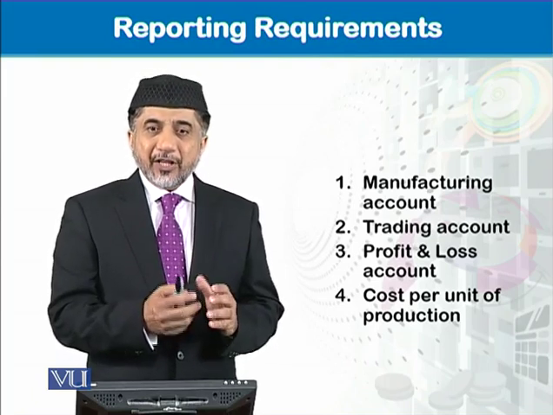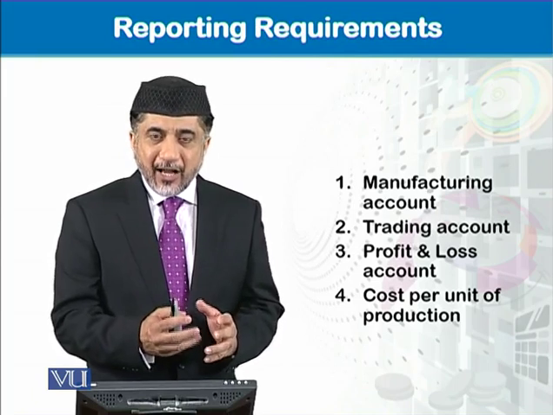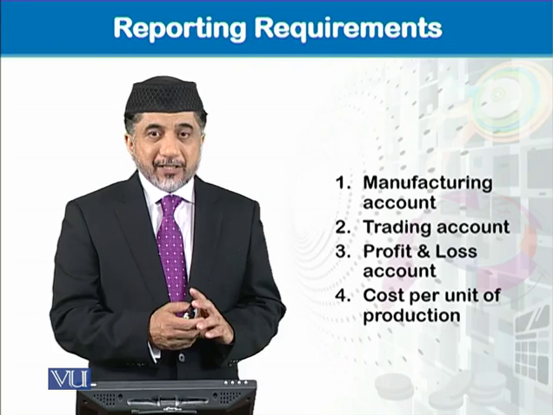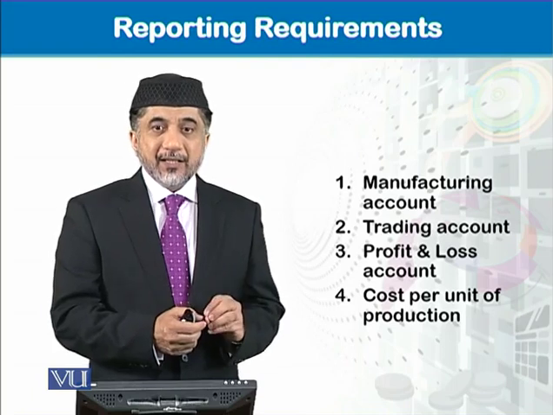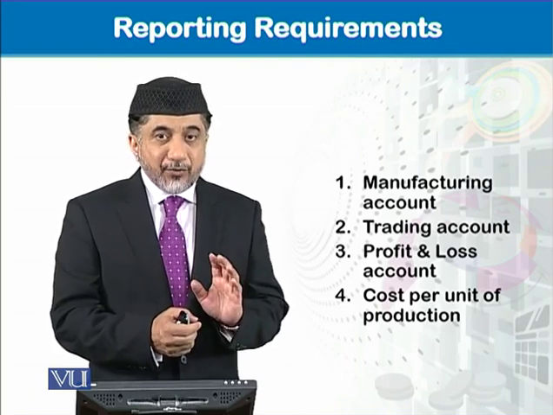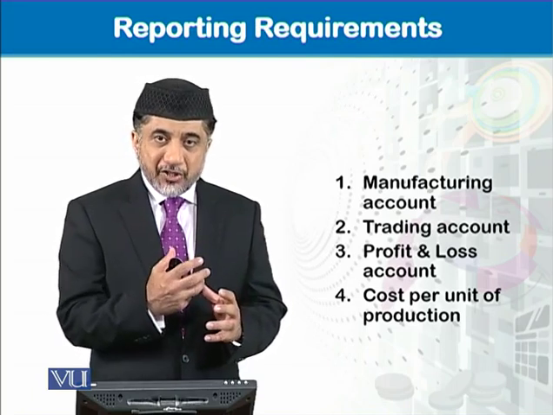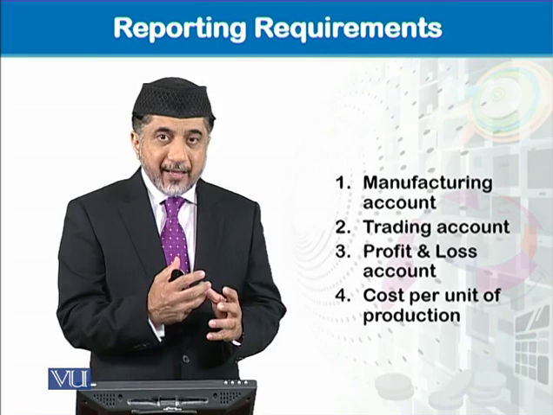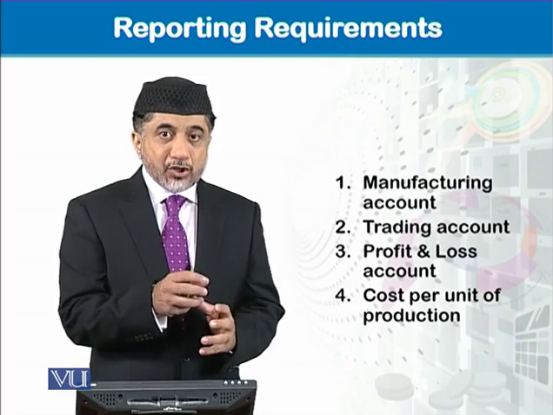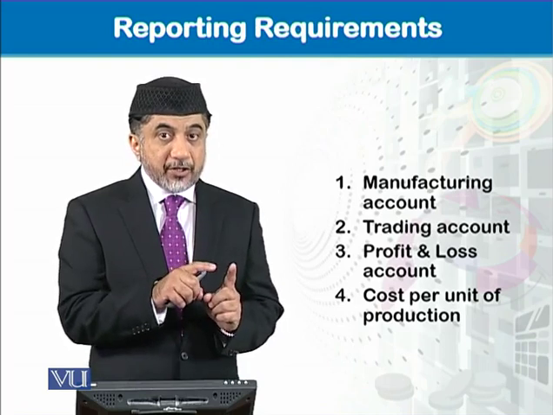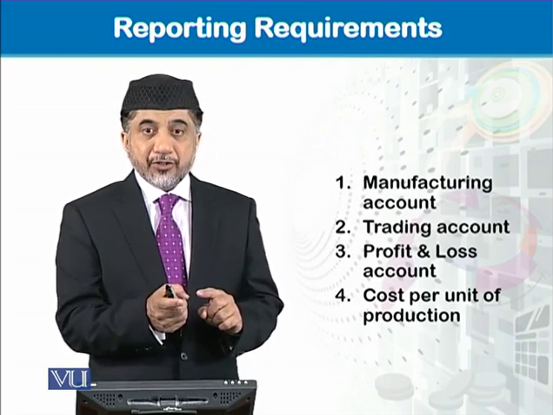So, in this manufacturing account, the accountant presents information about the purchase of raw material and then putting the cost of labor to convert that raw material into the finished goods.